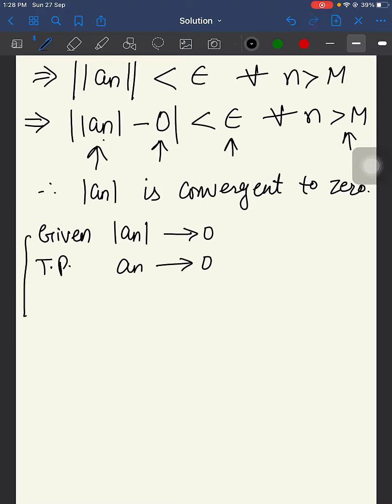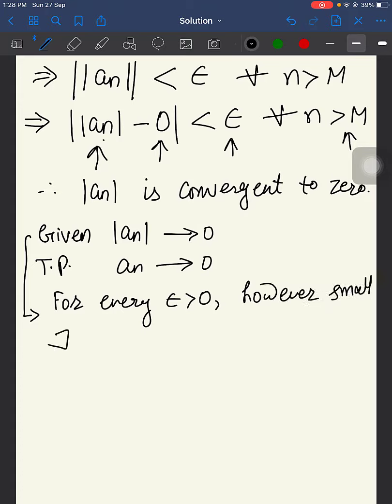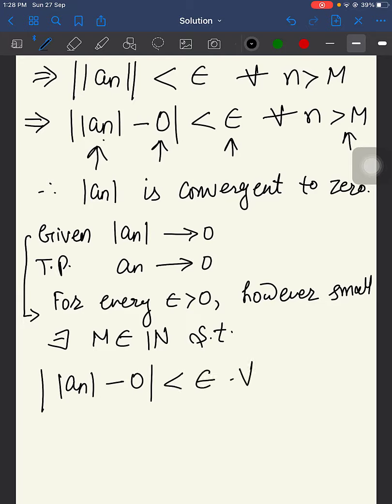Again, for every epsilon positive, however small, there exists M belonging to N such that mod of (mod an minus 0) can be made less than epsilon for all n greater than M. Now this can be written as mod an less than epsilon.